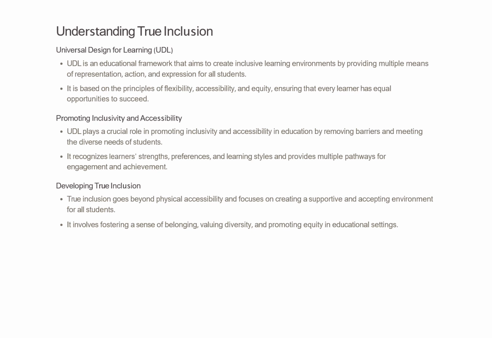It's a comprehensive approach to creating a learning environment that values, supports, and empowers every student by prioritizing the principles of flexibility, accessibility, and equity. UDL ensures that all students have equal opportunities to succeed regardless of their abilities or backgrounds.